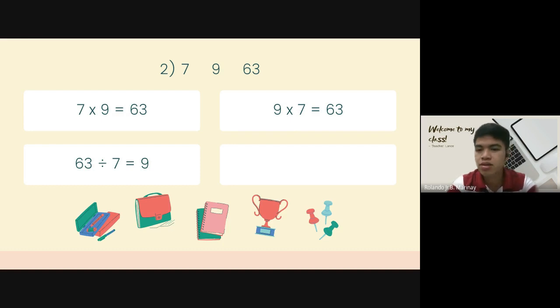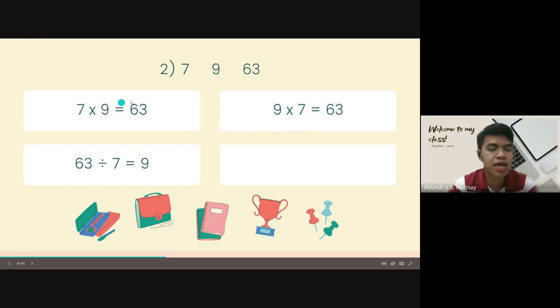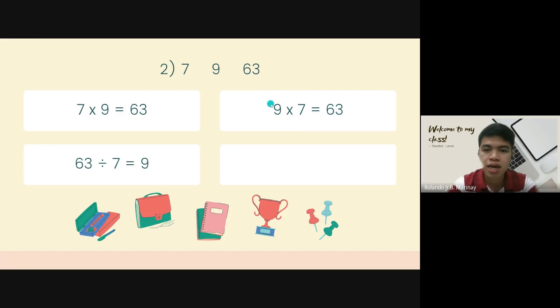So what number sentences can we make? We can write 7 times 9 equals 63 and 9 times 7 equals 63 for the multiplication. And for the division, we have 63 divided by 7 equals 9. And what's the next answer? What is the missing answer? You can find it out on your own, okay?